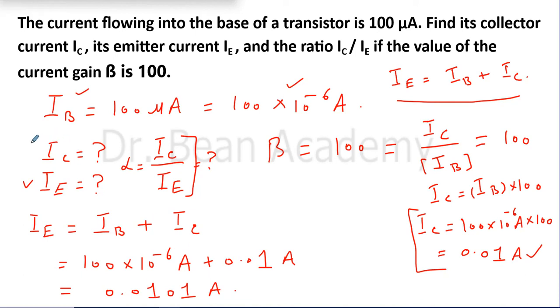Okay, so we found collector current and emitter current, and I think the ratio is easy to find, right? You just write collector current, which is 0.01 ampere, and then divide by emitter current, which is 0.0101 ampere, and my calculator tells me that its value is 0.99.